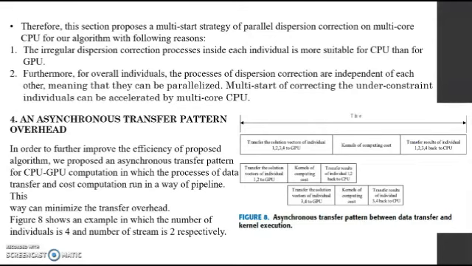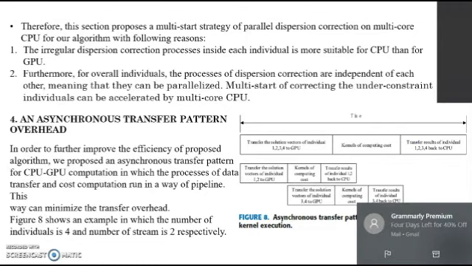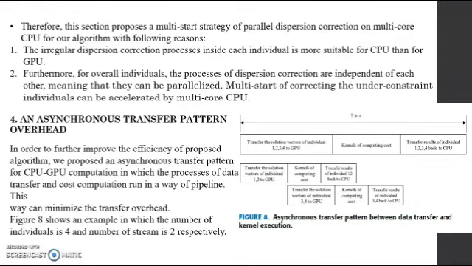The first reason is that the irregular dispersion correction processes inside each individual are more suitable for CPU than the GPU. And the second reason, furthermore, is that for overall individuals, the processes of dispersion correction are independent of each other, meaning that they can be parallelized. Multi-start correction of the under constraint individuals can be accelerated by multiple CPU.